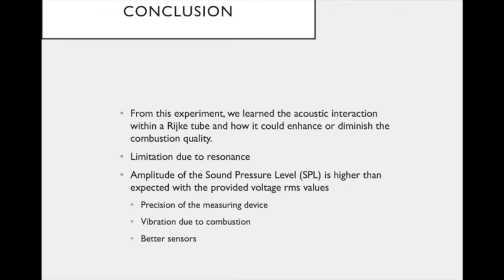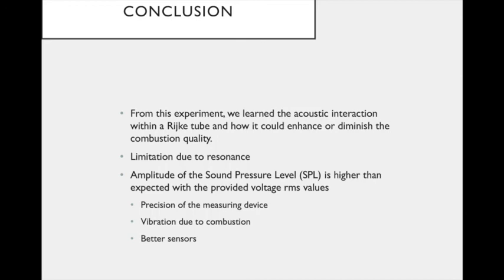For error detection discussion, the amplitude of the sound pressure level is higher than expected with the provided voltage RMS values. After the whole experiment, I believe it might be due to the precision of the measuring device.